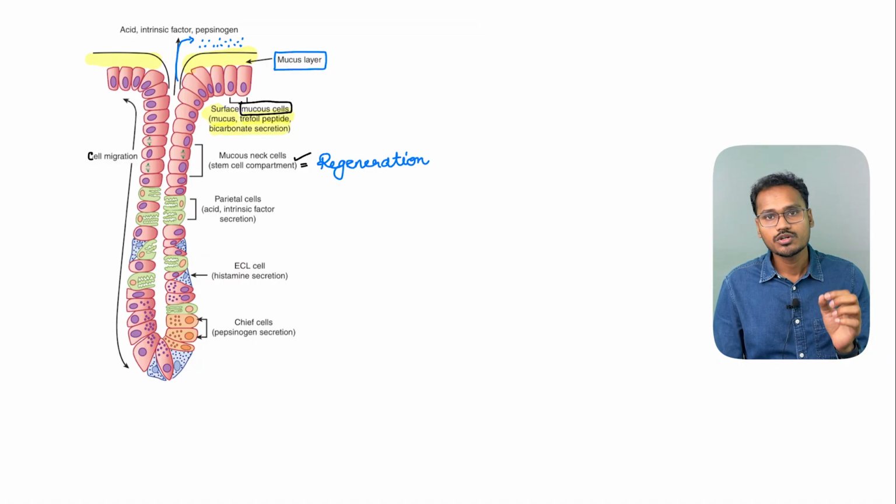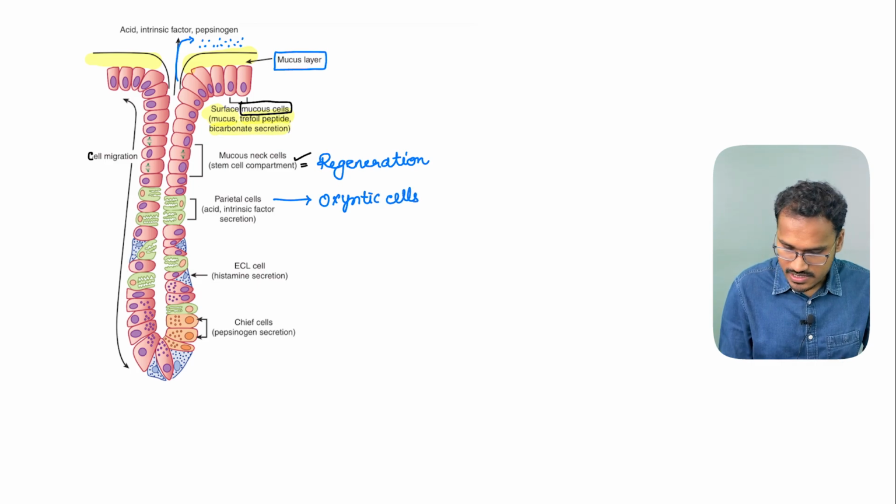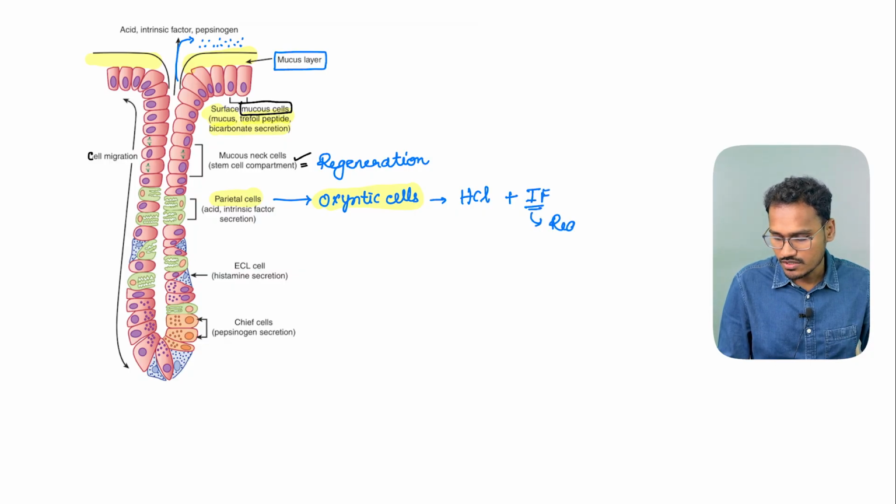Next comes the most important cell, the parietal cell, also called the oxyntic cell. This cell is going to secrete the most important secretions of the gastric juice, that is the HCl, the acid, plus it secretes another important factor called intrinsic factor, which is important for the absorption of vitamin B12.